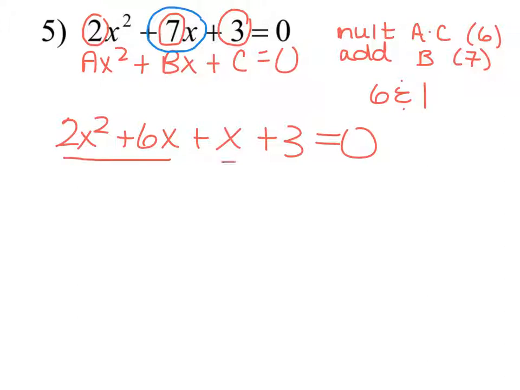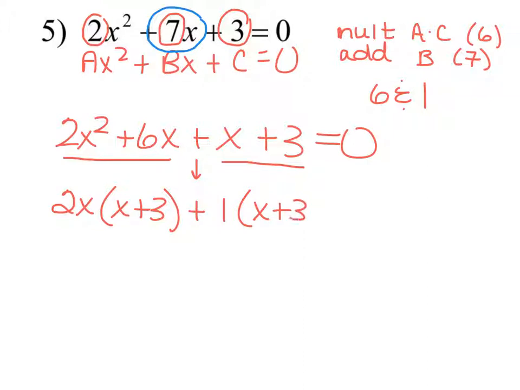Then if we take a look at the first 2 terms and the last 2 terms, in the first 2 terms we can factor out a 2x. And what we're left with is x plus 3. I'm going to bring down my plus sign. There's no common factor in the last 2 terms, so I'm just going to factor out a 1. And then what I'm left with is x plus 3.